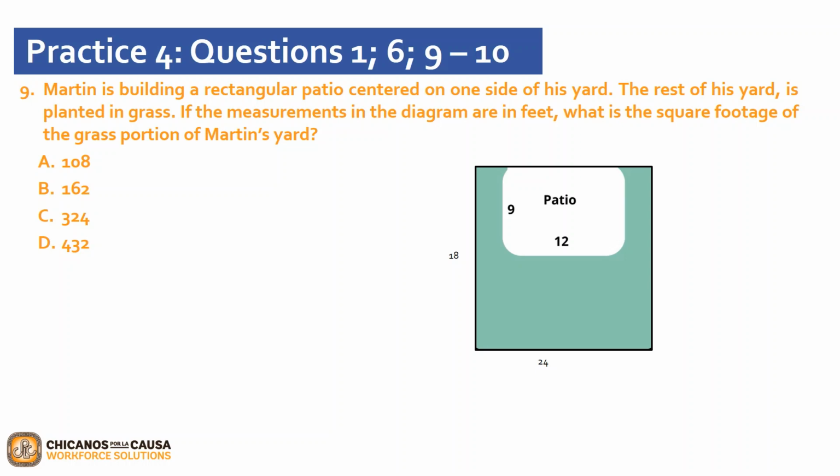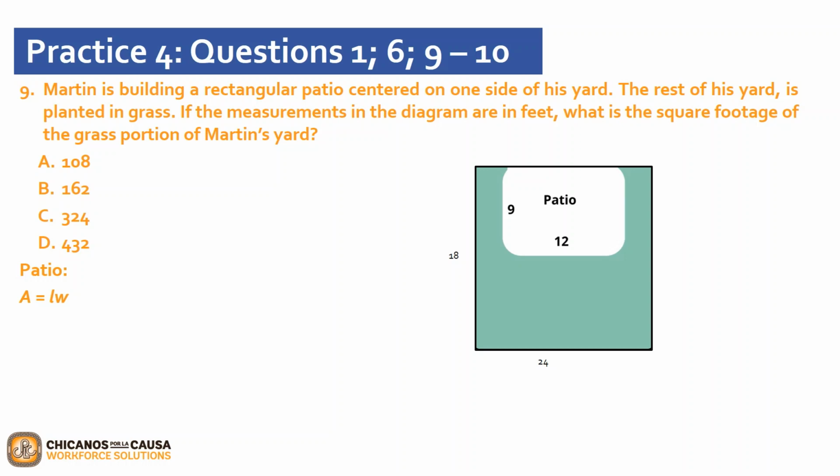But in this case, we have the patio and the grassy area. So let's go ahead and calculate this. First off, we're going to find the area of the patio, and I will tell you why in a minute. We were told that it was a rectangle, and in order to find the area of a rectangle, it's its length times its width.